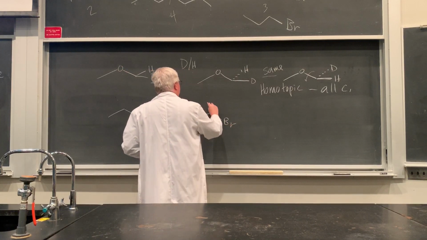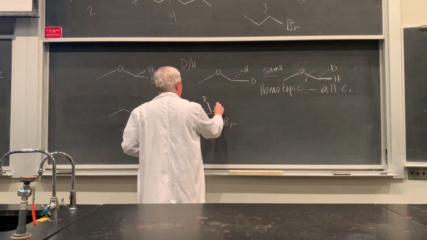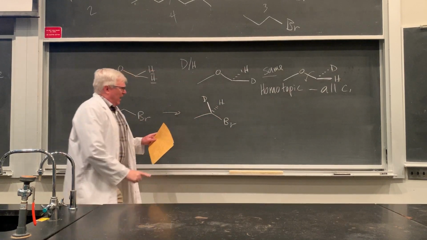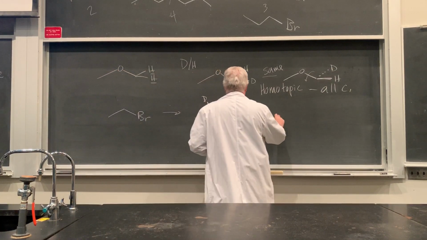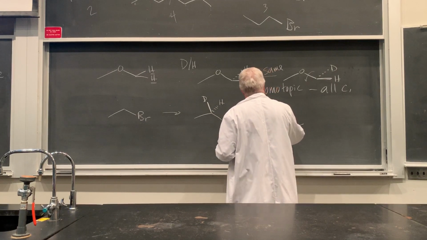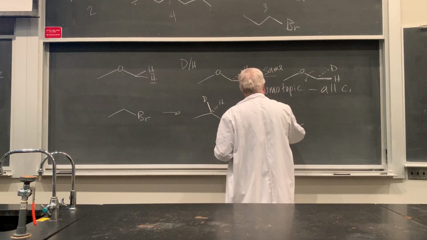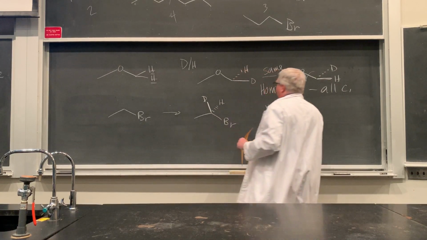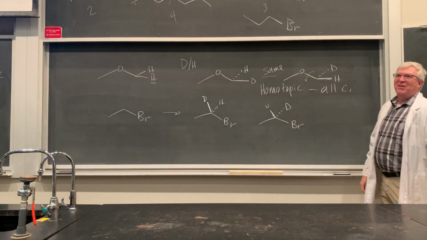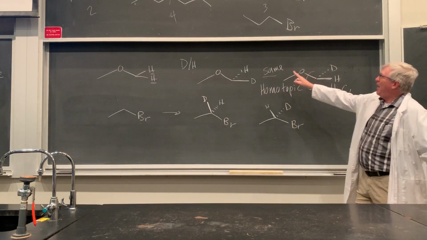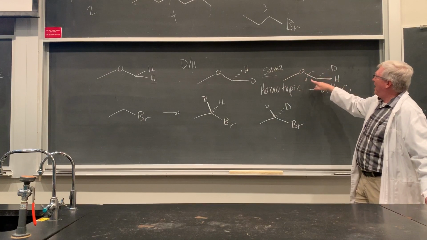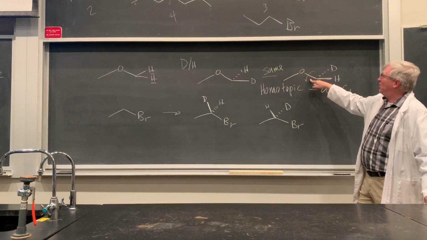We'd have one deuterium coming out at us. And we'd have the other one, which would be in the back now. What's the relationship between those two structures? Here they were the same, right? We could just rotate around this carbon-oxygen group.